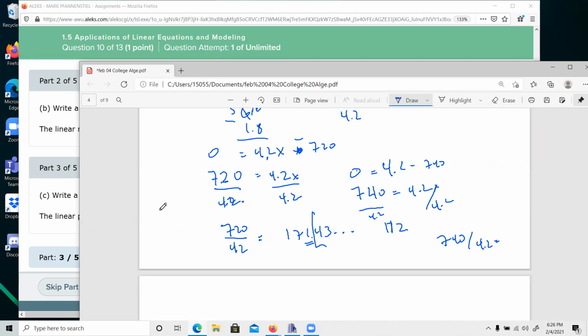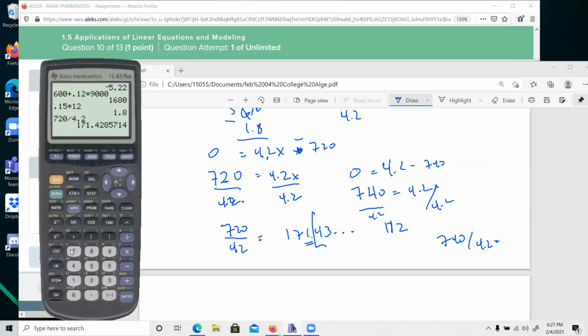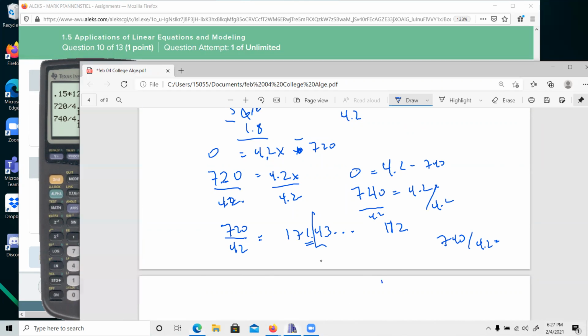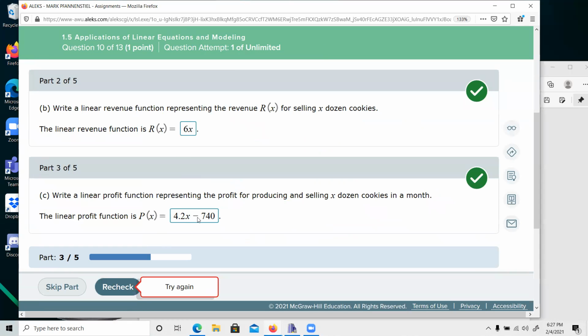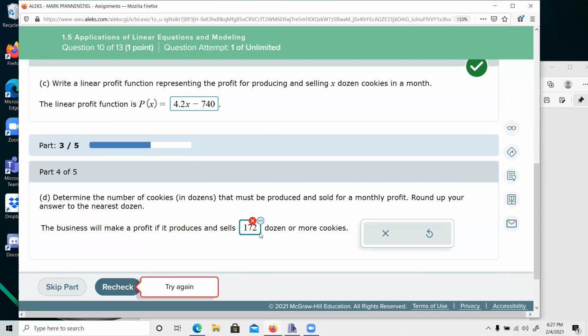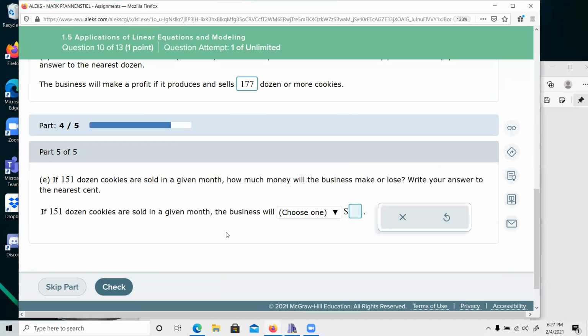I'm glad they told me it was only one digit, though. 740 divided by 4.2 is about 176, so we need 177 to break even here. There we go. If fewer than 177 dozen cookies are sold in a given month, they will lose money.